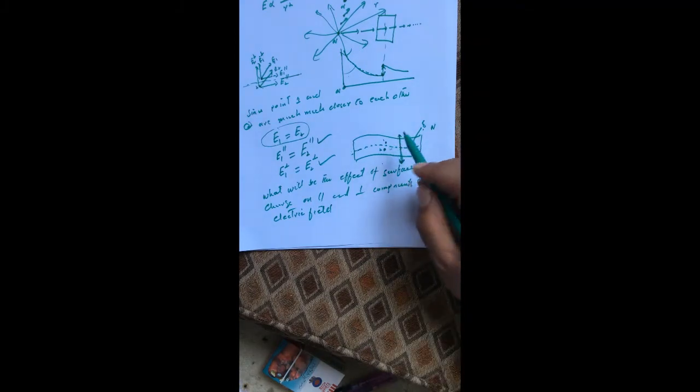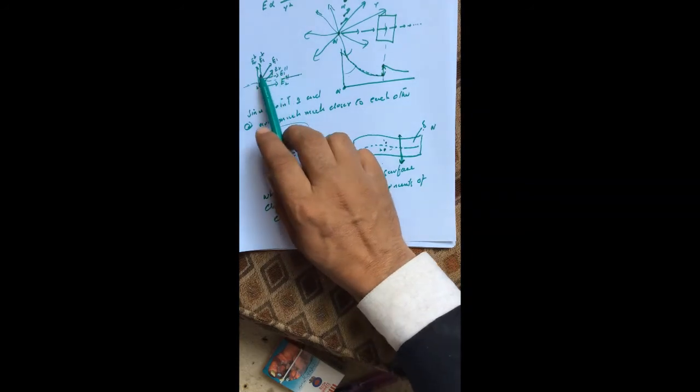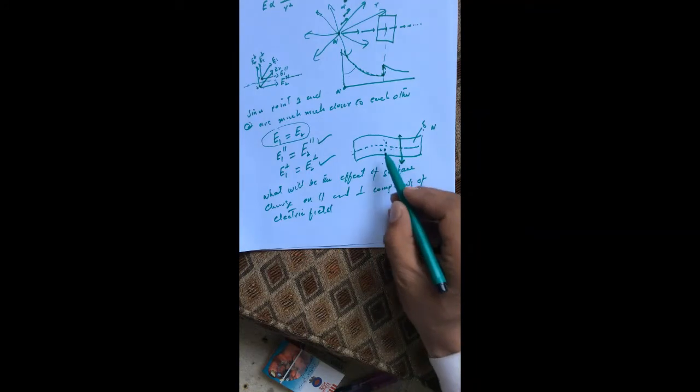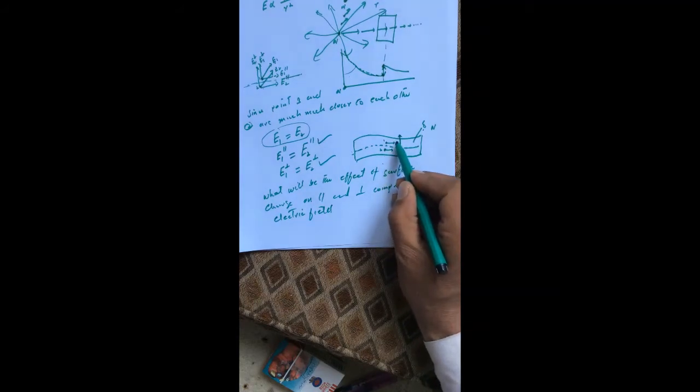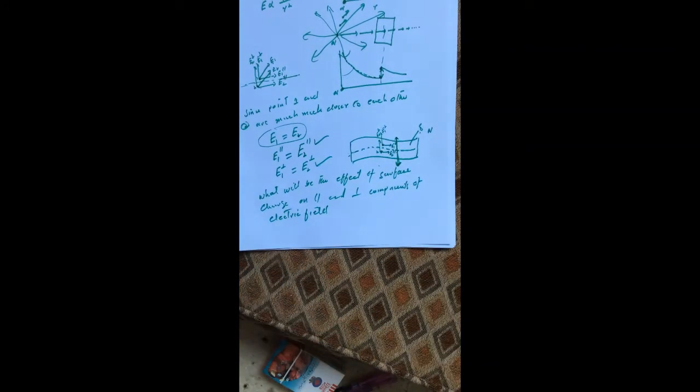Now at point 1 we have two components of electric field. One is the parallel component and the other one is the perpendicular component. Now the parallel component is this one. This is E1 parallel and this is E2 parallel, while the perpendicular components are this one, E1 perpendicular and E2 perpendicular.